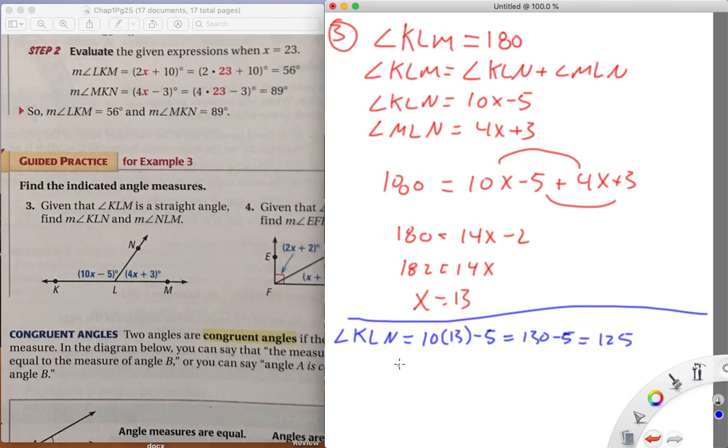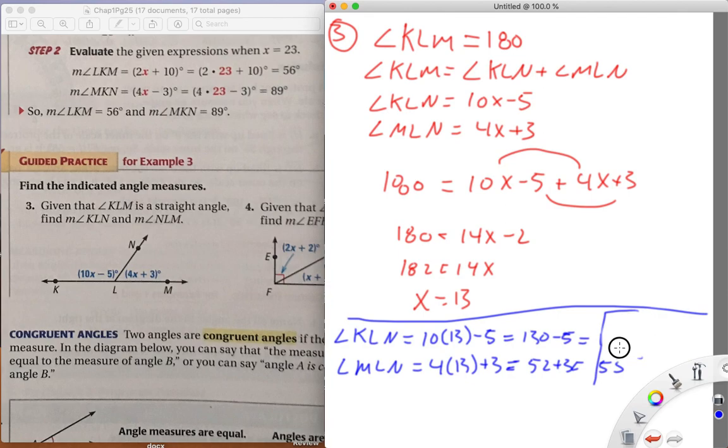And I can find angle MLN. That's 4 times 13 plus 3. 4 times 13 is 52. So that's 55. And these guys are in degrees.